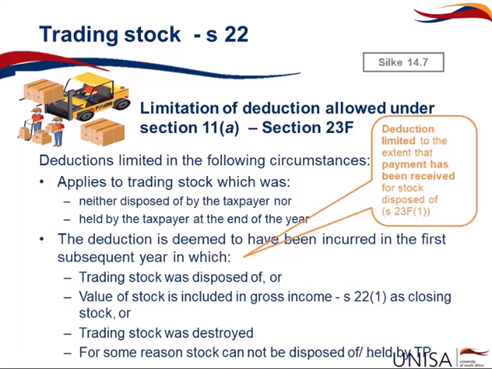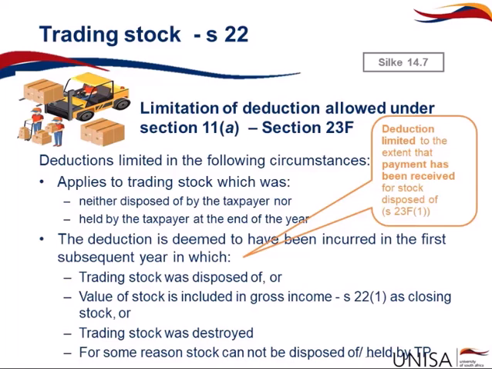Okay, so in the case where we have, let's say, goods in transit and we haven't issued an invoice for those goods yet at year end, we would have a case where we will limit the Section 11A deduction with regards to that stock that's in transit, because it wouldn't be fair to have the deduction in our books, but not have the corresponding add back in closing inventory.